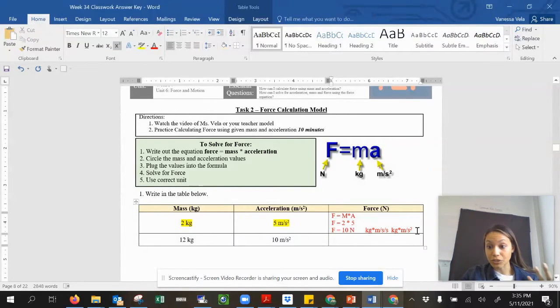But since that's a lot to write, scientists and mathematicians have determined what these units actually mean, that when you plug this all in together, it is actually a Newton of force. So we simplify it and put it into a different unit.